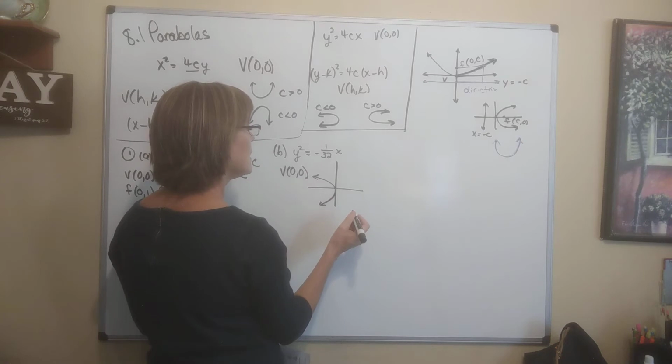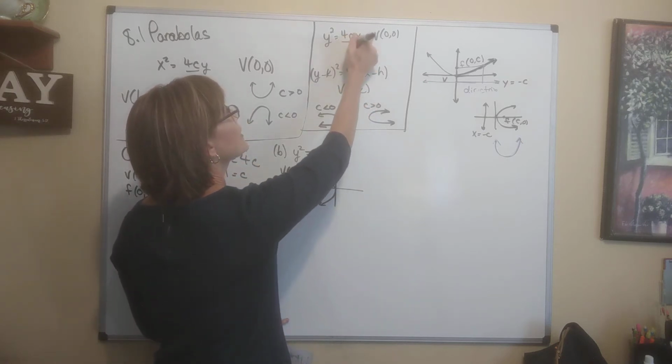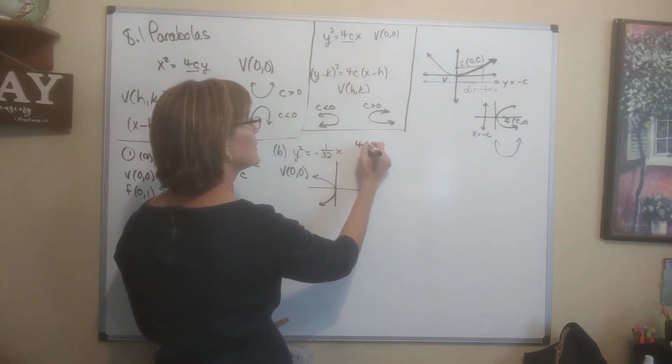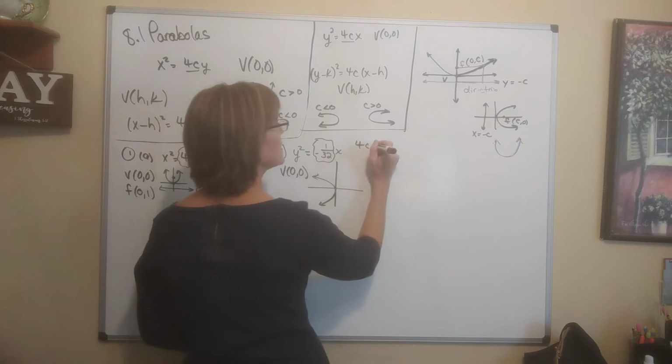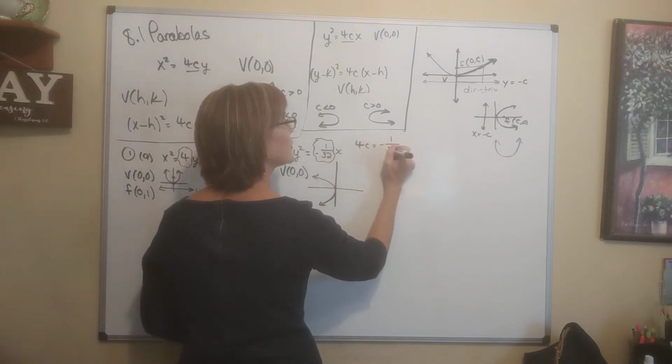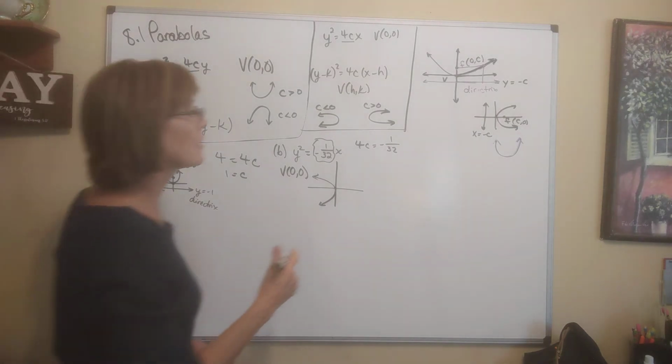Okay. What is the value of c? Well, 4c is equal to whatever I find next to this x. 4c is equal to negative 1 over 32. So I divide both sides by 4 to figure out what c is going to equal.